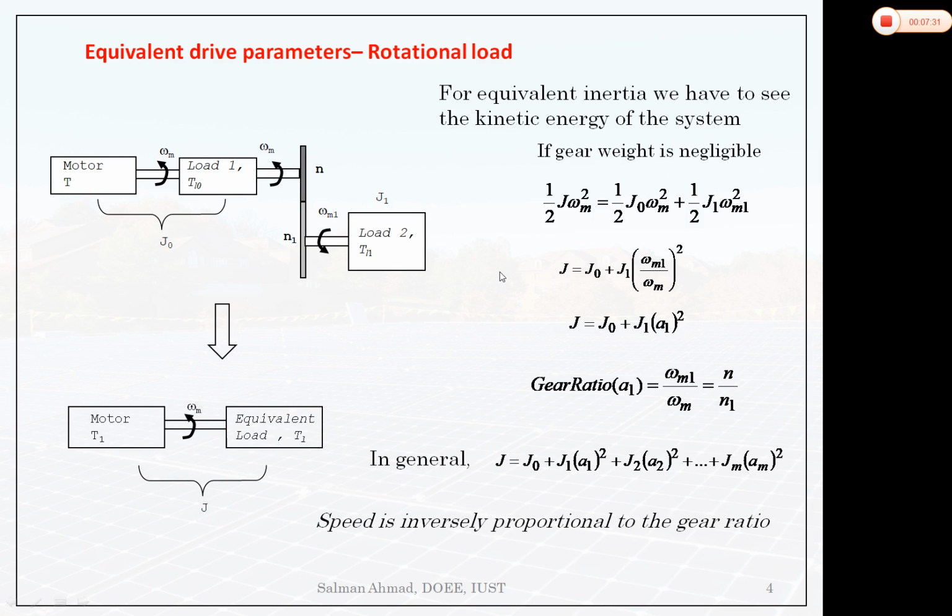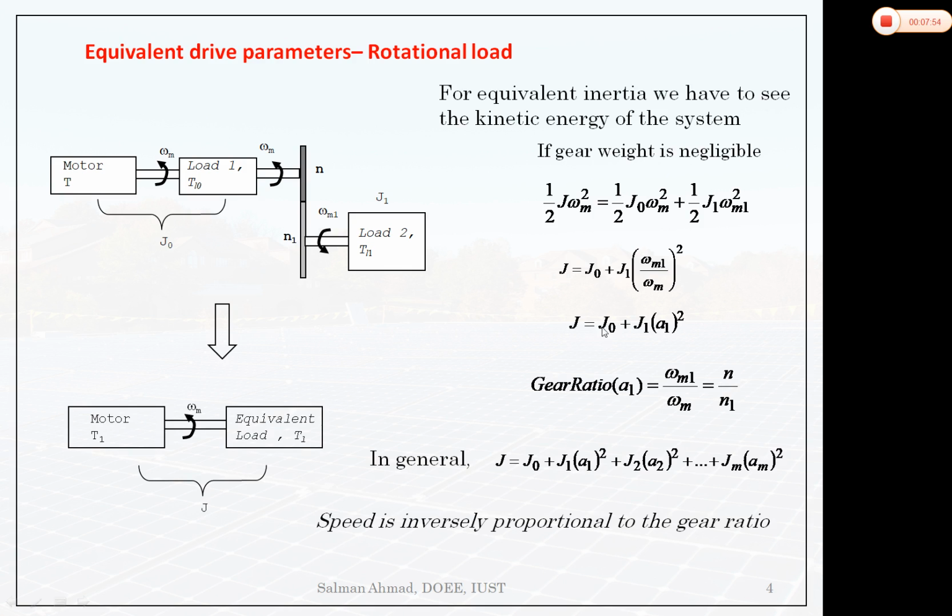If the number of teeth are more, then speed will be low. If the number of teeth are less, then speed will be high. So the gear ratio is defined as speed on the load side divided by speed on the motor side, or the number of teeth on the motor side divided by the number of teeth on the load side.